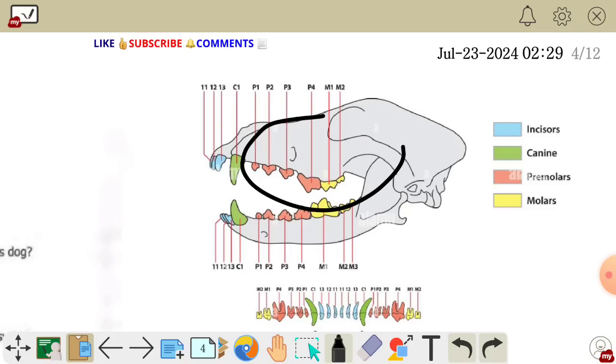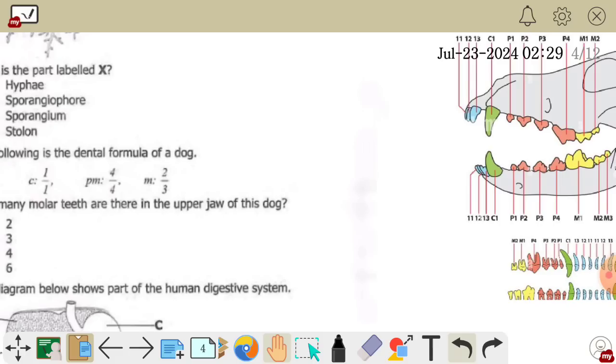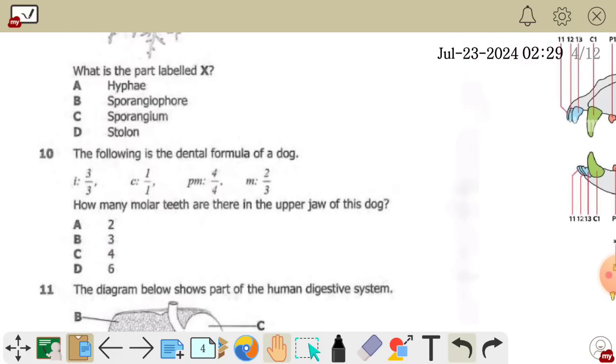So in total, the upper jaw will have 4 molar teeth. So the correct answer here is C. It will have 4, as we have seen in that diagram.